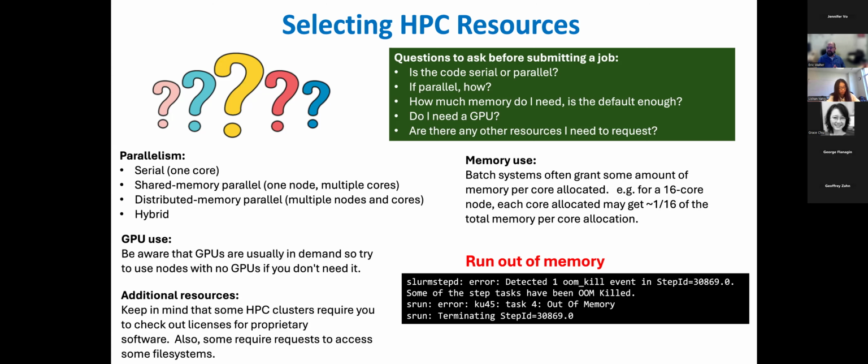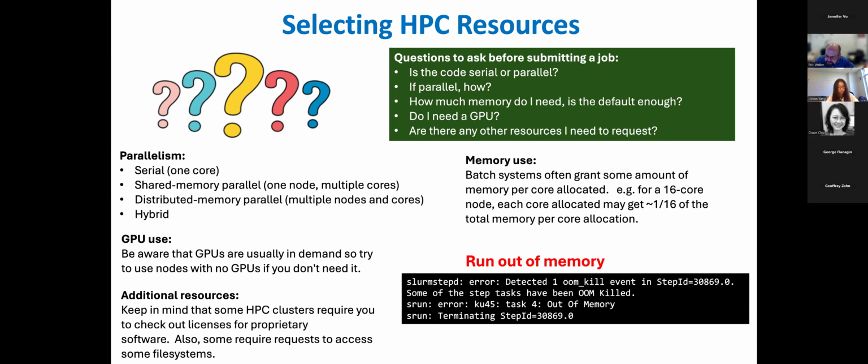There's distributed memory parallel, which uses multiple nodes and cores, and the nodes talk to each other through, say, MPI calls, and the cores can as well. But you can also split this up into what is called a hybrid job, where within a particular node I'm going to use shared memory for communication, but between the nodes I'll use MPI. Those are the four different flavors you'll run into, and it's best just to know what your code can do and how to run it correctly to select those options.